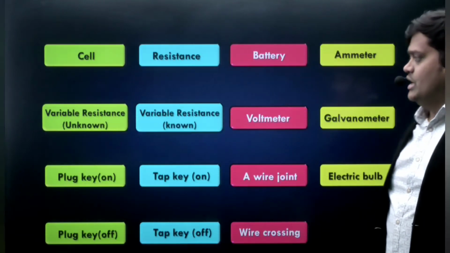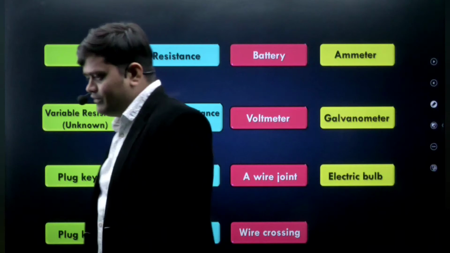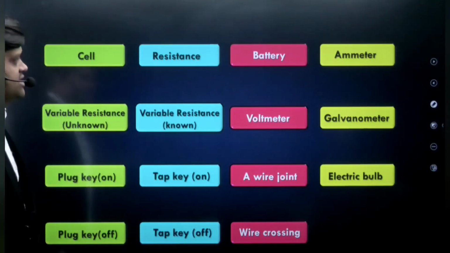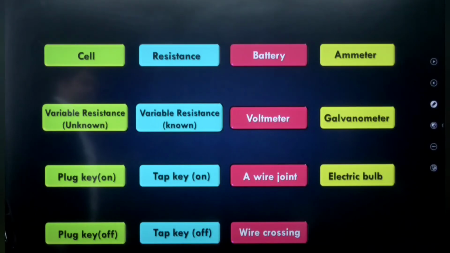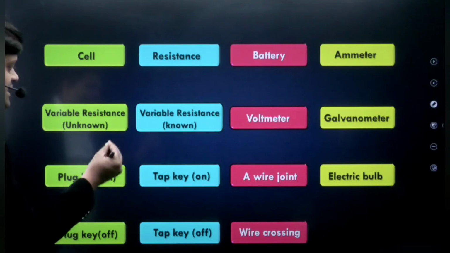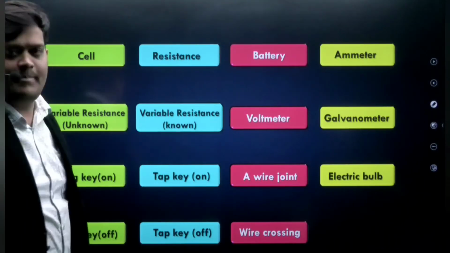So we have a lot of symbols of electrical equipment and electrical instruments: cell, resistance, battery, ammeter, variable resistance, voltmeter, galvanometer, plug key, tap key, wire joint, electric bulb, and wire crossing.